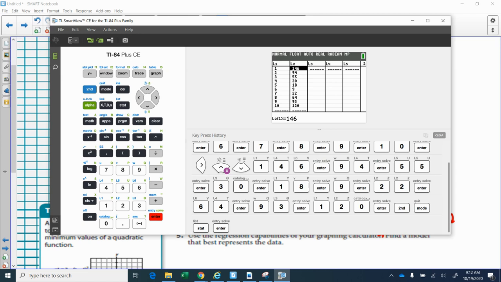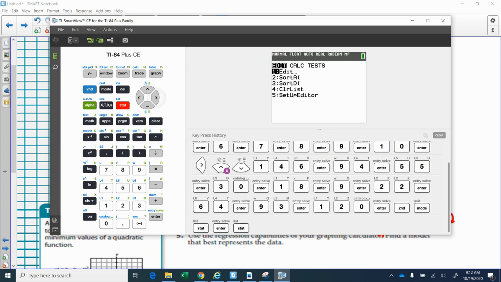Well, what I'm going to do now is I'm going to go to stat, I'm going to go over to calculate, and I'm going to look for the one that says QuadReg. That stands for quadratic regression. So when I hit that, I want all my values, and it's going to tell me my specific equation. Okay, where a equals 6.011.